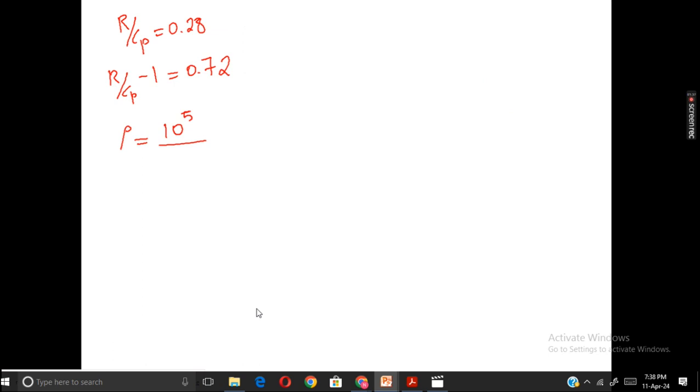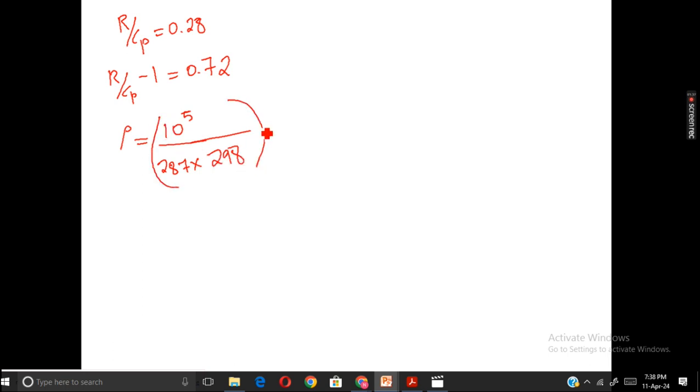So Ps is basically 10 raised to 5 Pascal, R is 287, and the temperature is given as 20 degrees Celsius, which in Kelvin is 298.